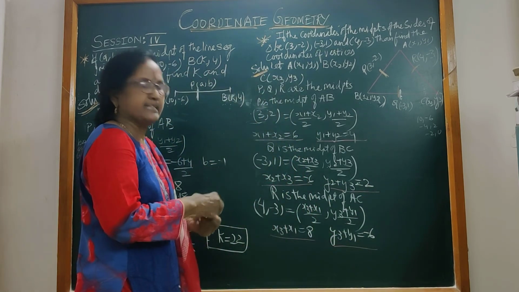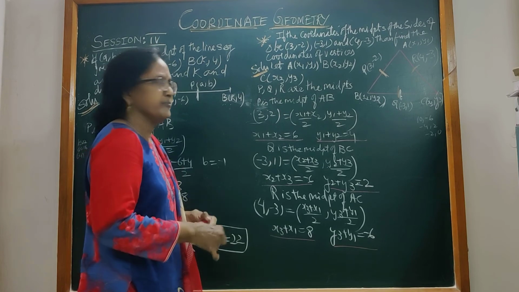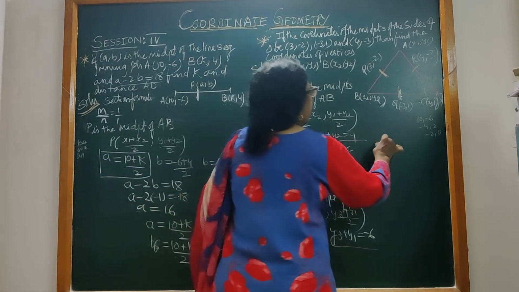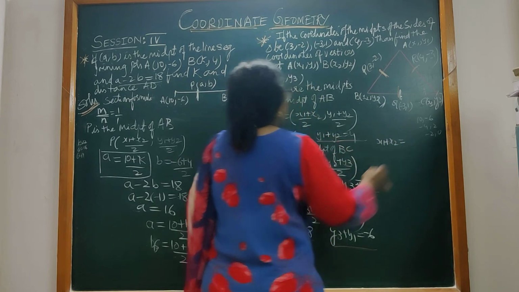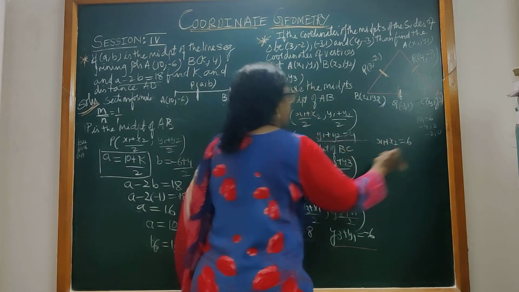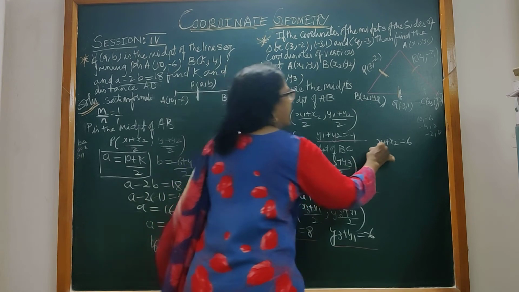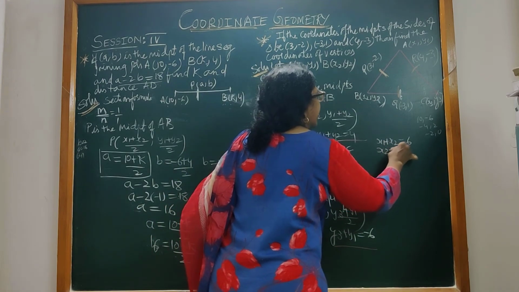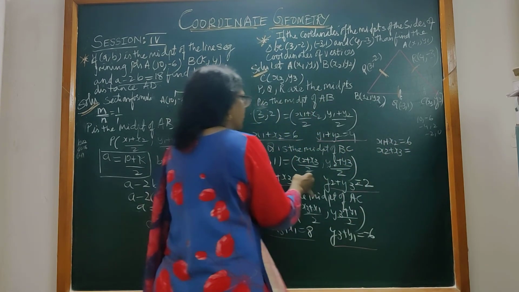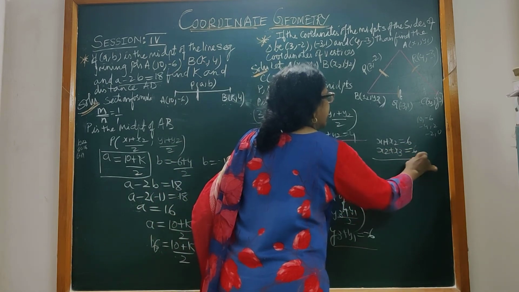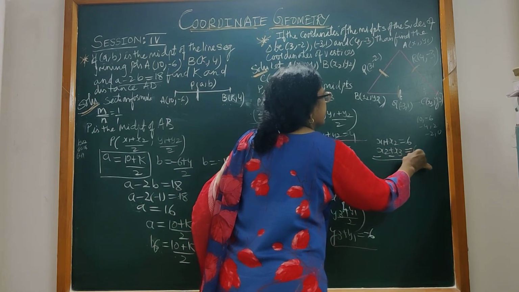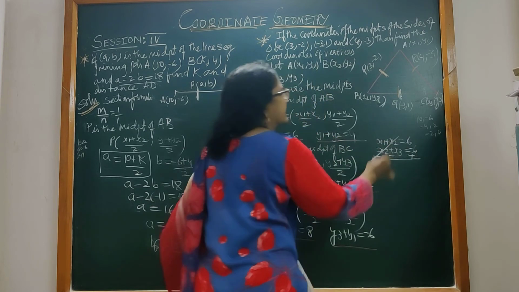Now we will solve these equations. x1 plus x2 is equal to 6, and the next one, x2 plus x3 is equal to -6. We will change the sign, minus, plus. So x2 will cancel.